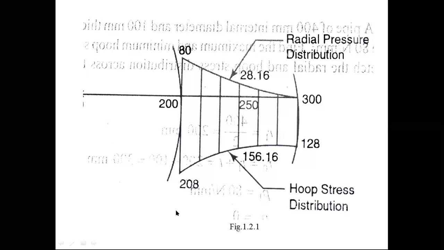The hoop stress variation is 208 at the inner face, 156 at 250, and 128 at 300. So it is not zero; it is a trapezoidal shape for the hoop stress distribution, and a triangle shape is given for the radial pressure distribution. So this is the question asked from thin cylinders.